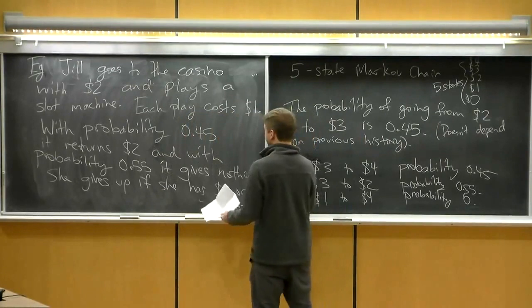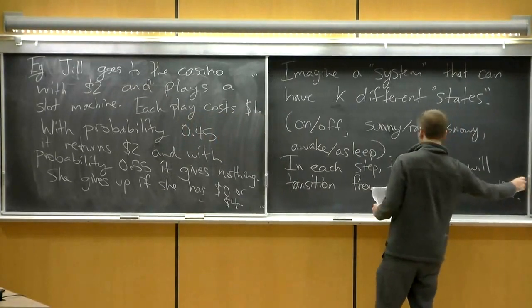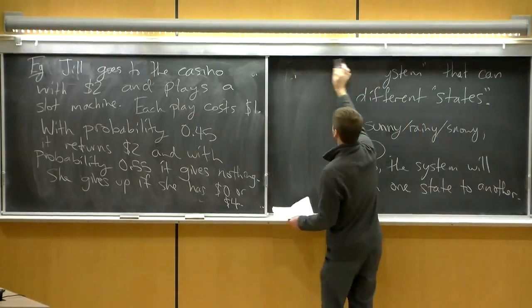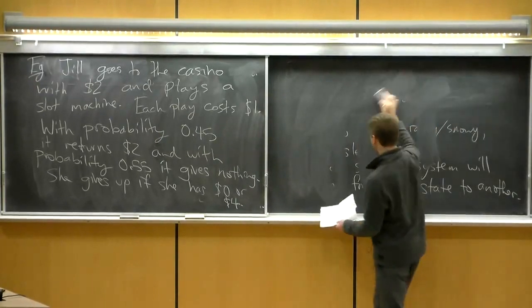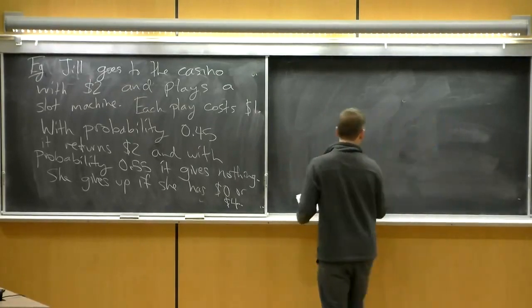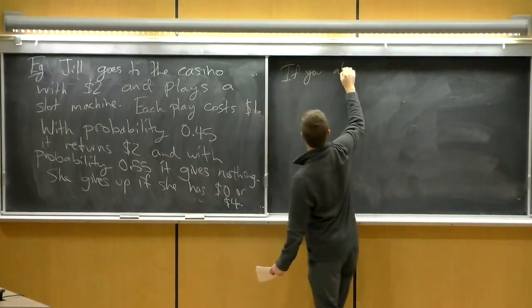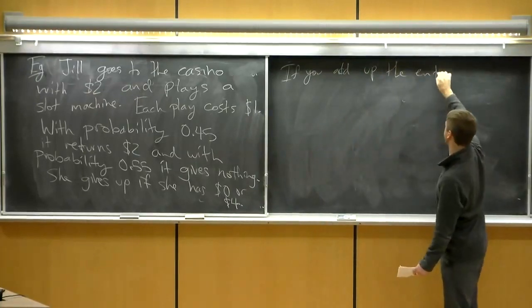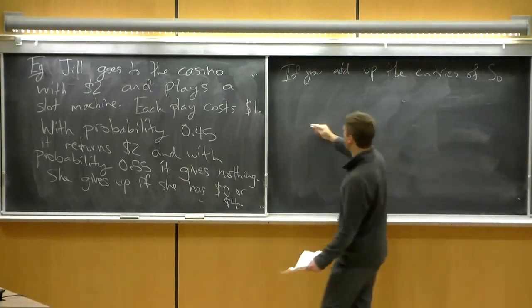Okay, here's a little theoretical question. What happens if you add up the entries of S0, what do you get?